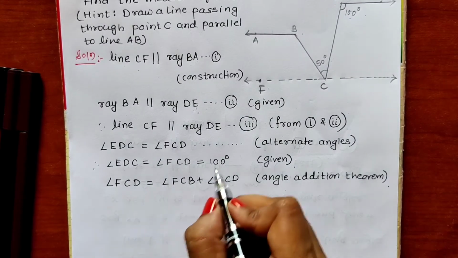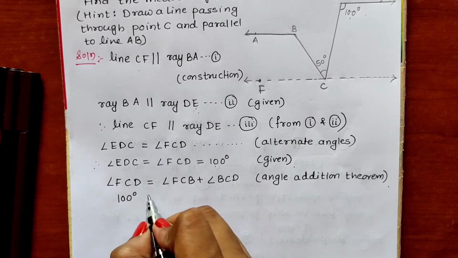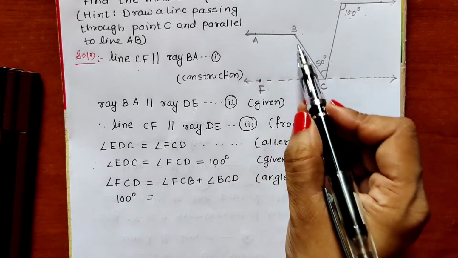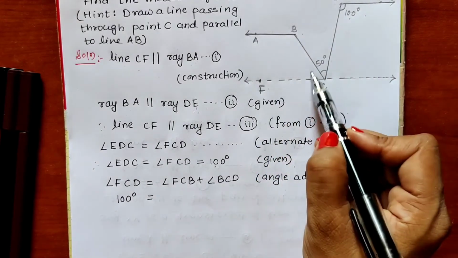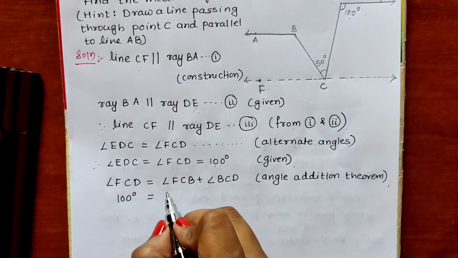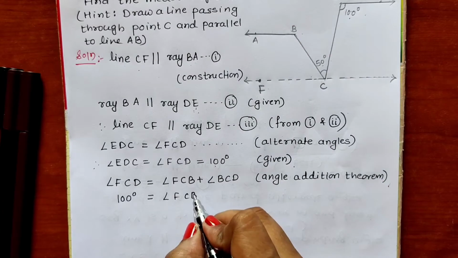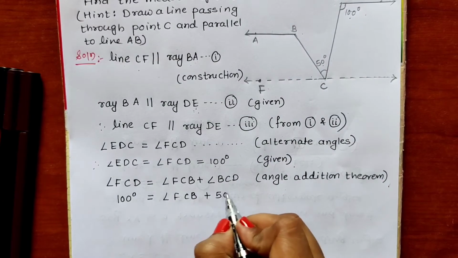Now FCD we have got 100, so in place of FCD I can write 100 degree. Angle FCB is not known to us, but BCD is given as 50 degree. FCB I write as it is, and in place of BCD I write 50 degree.